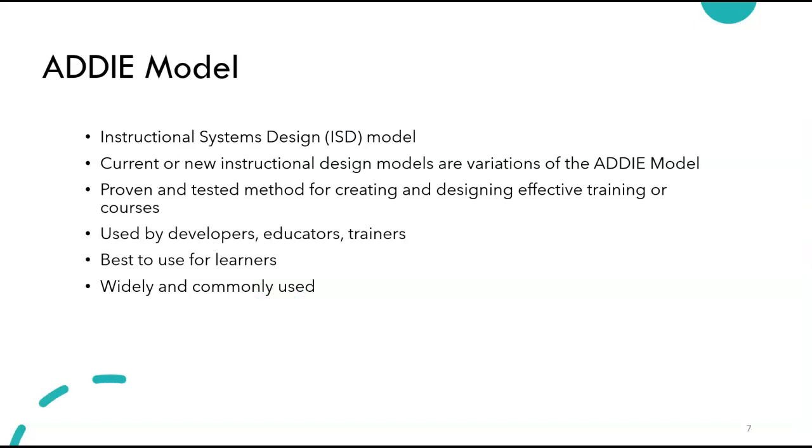This model, the ADDIE model, is a proven and tested method for creating and designing effective training and courses. It's used by developers, educators, trainers, and so forth. Best to use for learners. Is widely and commonly used.